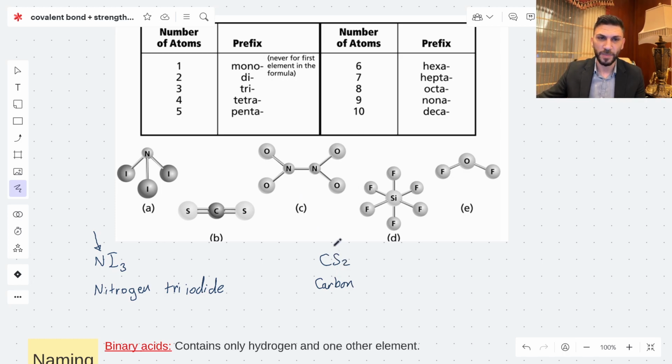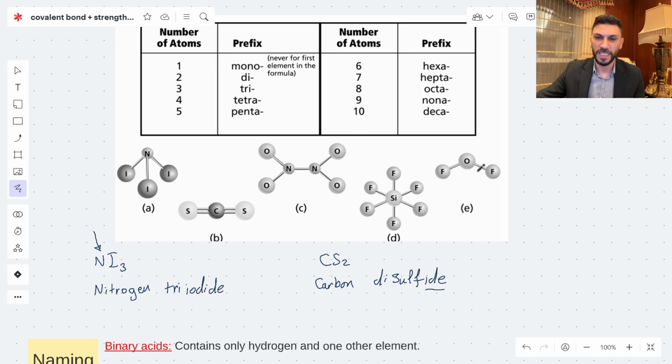The second element is sulfur, and we use the root of sulfur, which is sulf. Adding ide, it's going to be sulfide. And because we have two atoms of sulfur, it's going to be disulfide. So the compound is carbon disulfide.